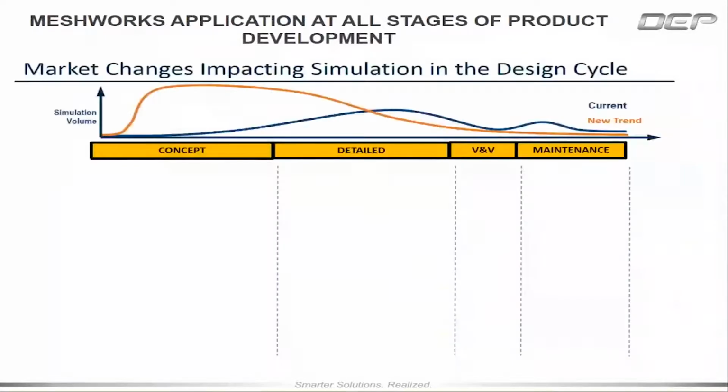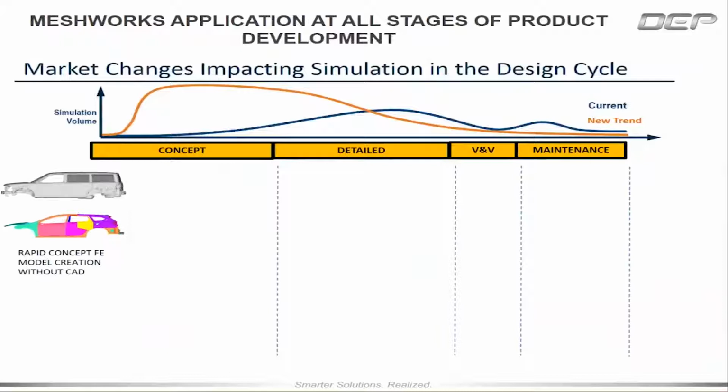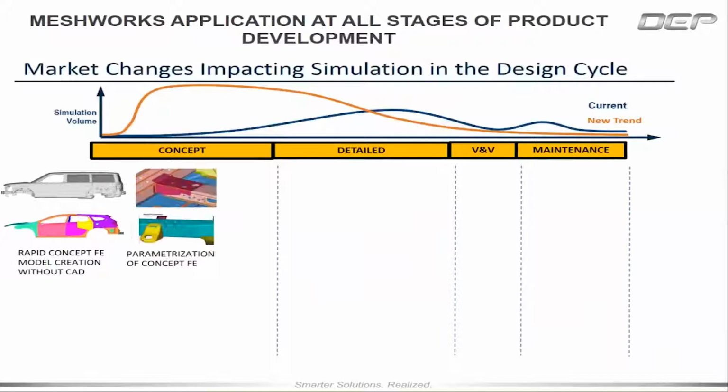And now the next slide is where we are trying to give a comparison of the current and the new trends using MeshWorks. As we all know, with the current trend, we need to depend on the CAD model to be available from where we'll start our performance assessments. But with a transformed process using MeshWorks, we can pretty much use our existing models to match the new requirements by performing the conceptual and architectural design changes.